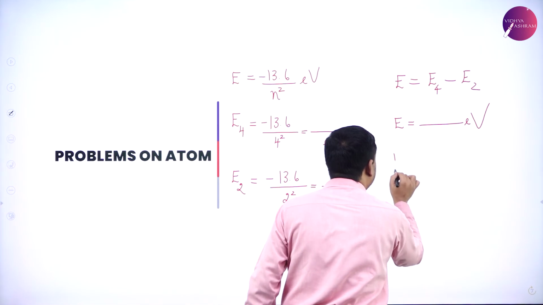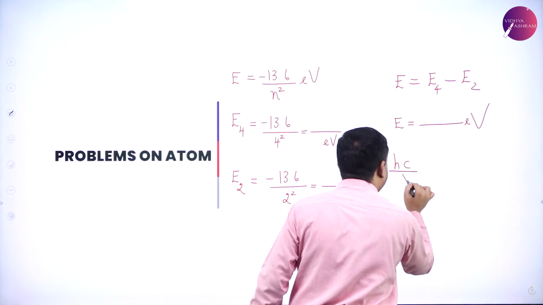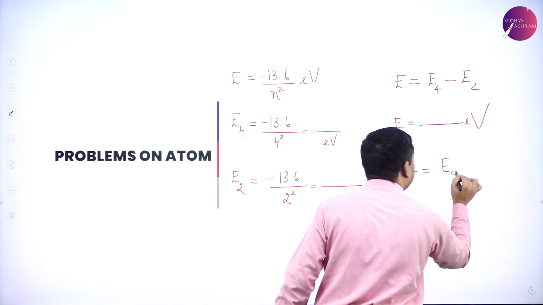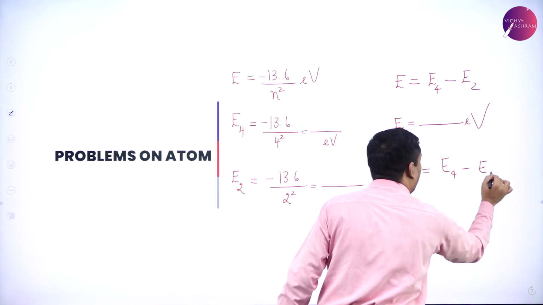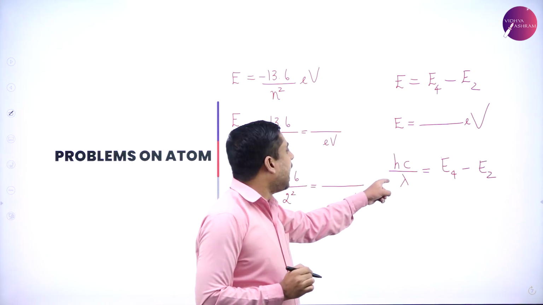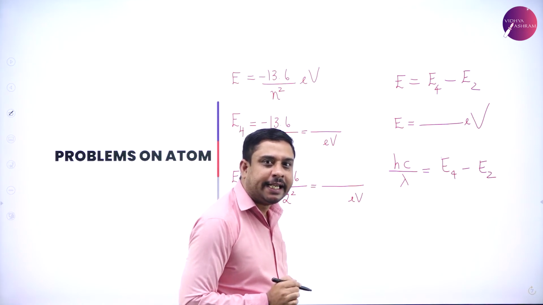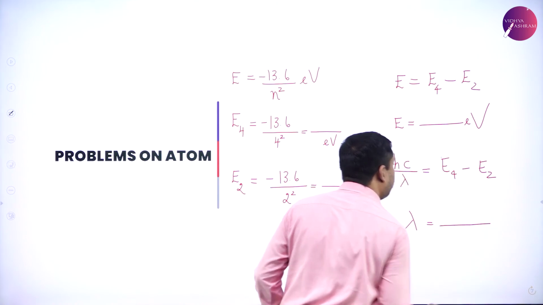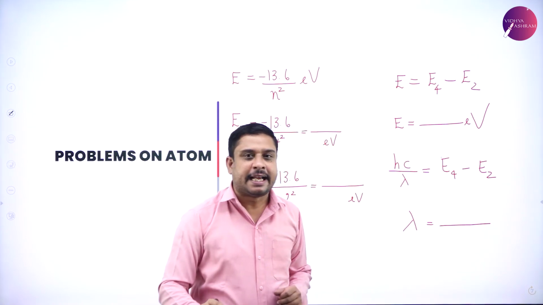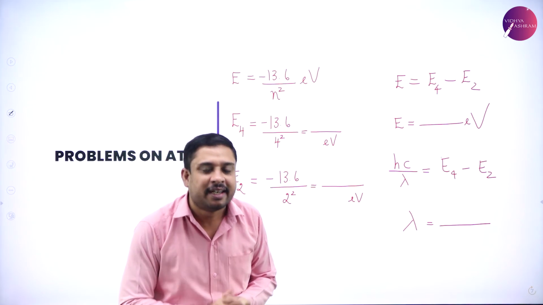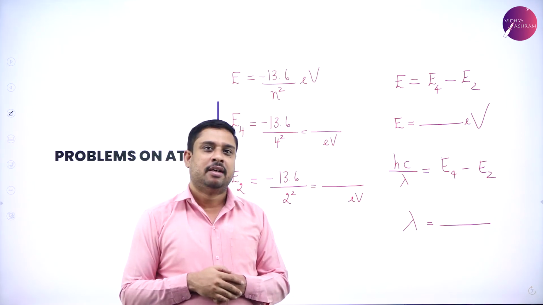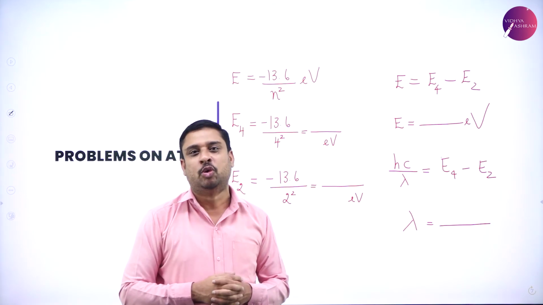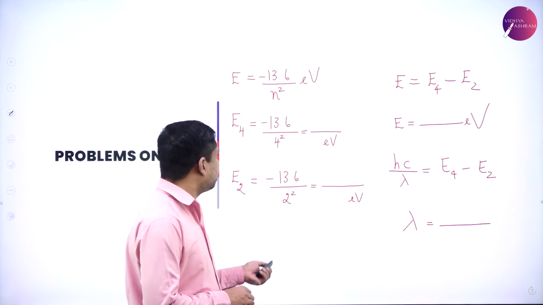So E, hc by lambda, is E4 minus E2. So lambda has to be calculated. It will be so many angstrom. Remember, you are converting electron volts to joule, 1.6 into 10 power minus 19 coulomb. Next one, students.